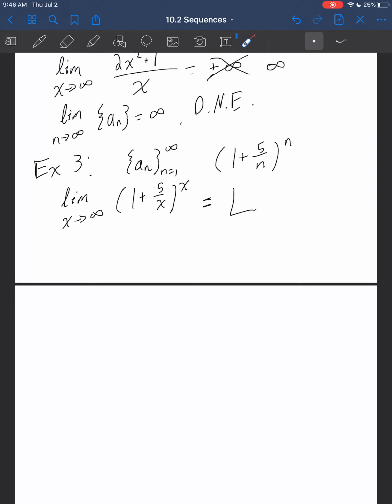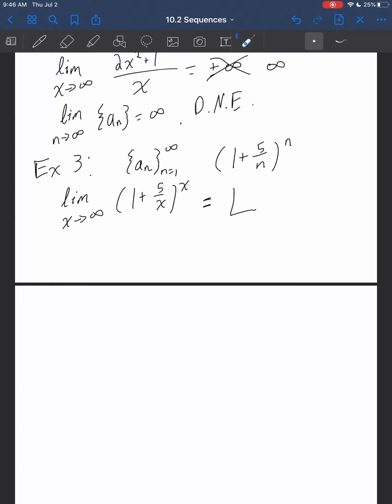Well, if we try to figure this out right now, we have a 5 over infinity, so this is going to go to 0, so we have a 1 raised to an infinity. And this is going to be one of those indeterminate forms where we're not actually sure what this is going to be equal to.